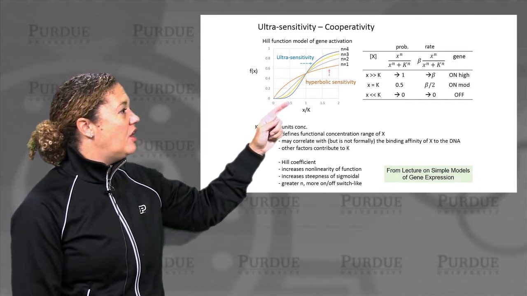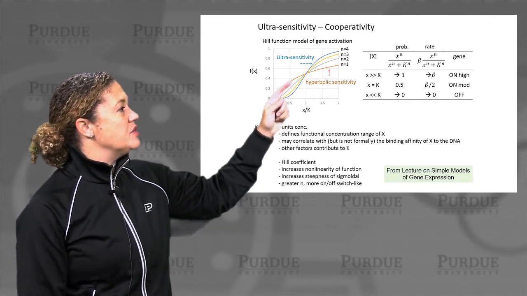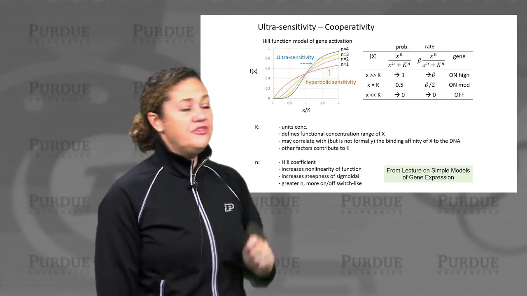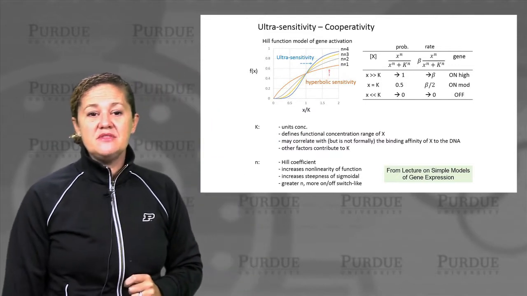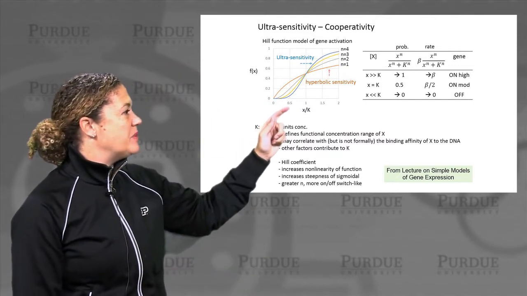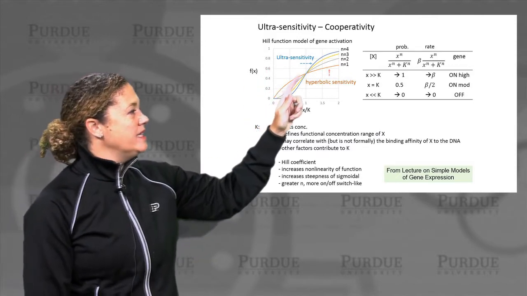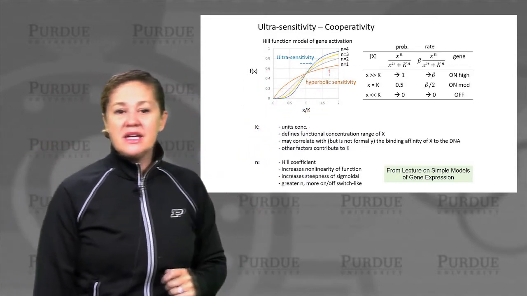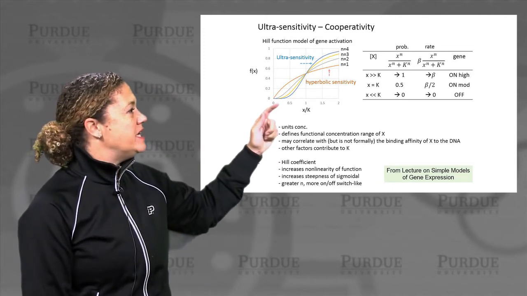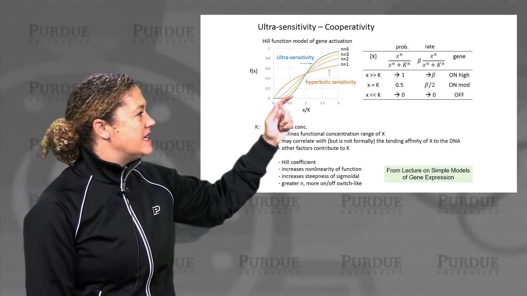And if you recall, when we increase the n on our Hill function for gene activation, this response curve gets steeper. So this n equals 1 is our hyperbolic sensitivity. And as we increase n, this gets steeper.